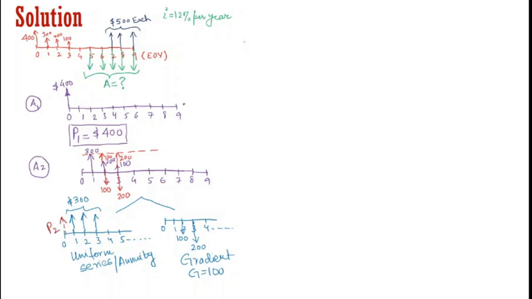Because this is a standard series, I can directly use the relationship between P and A, that is P equal to A times (1 plus i to the power n minus 1) upon i times (1 plus i to the power n).